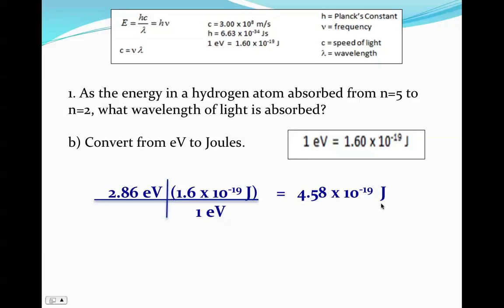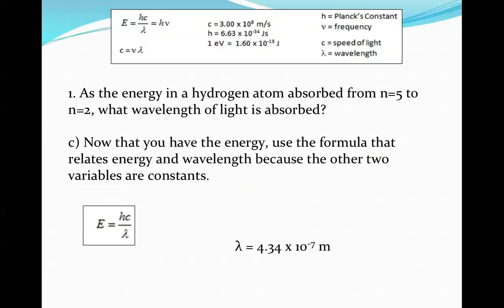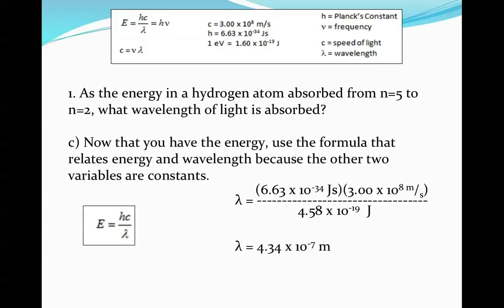So now that I have that in joules, I can go ahead and use the formula that's going to relate energy and wavelength, because the other two variables are constant. So we're going to use this first part of the formula that relates energy and wavelength, because h and c, again, are constants that are over in the middle here of your equations. So we have Planck's constant times the speed of light, divided by our energy.